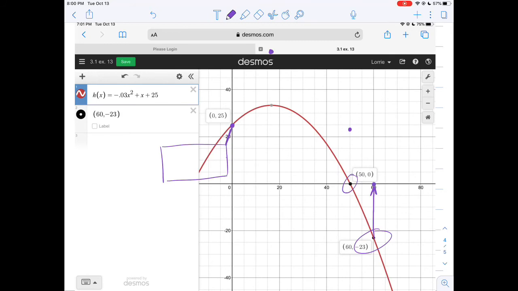And what used to be at 25 is now going to be at 48. So somewhere about there. So our graph is translating up by 23 in order to make this happen. Something like that. All right, so we know that we need to raise our ladder by 23 feet in order to raise our point where it hits the ground by 23 feet.